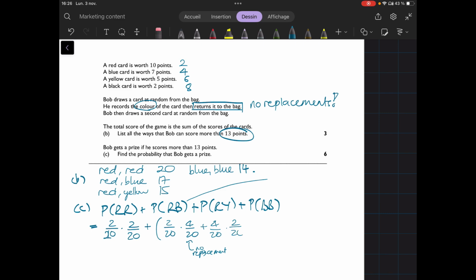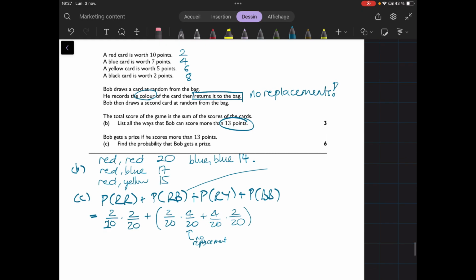The order doesn't matter. As long as he has one red card and one blue card, he will get 17 points. Similarly, for red, yellow: red, yellow, or yellow, then red. Last part, blue, blue. There's only one way to get 2 blues.